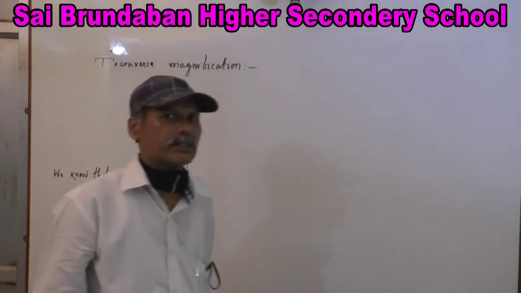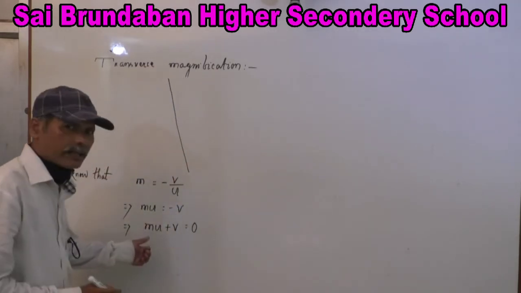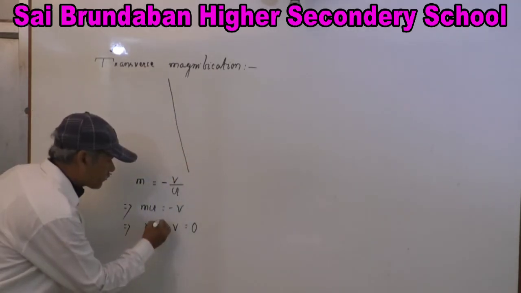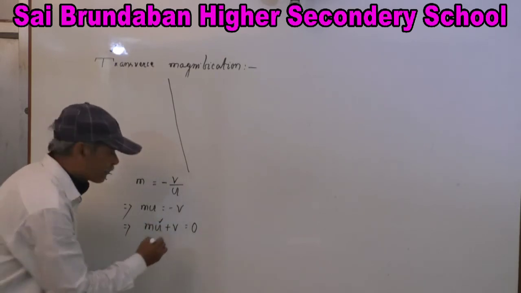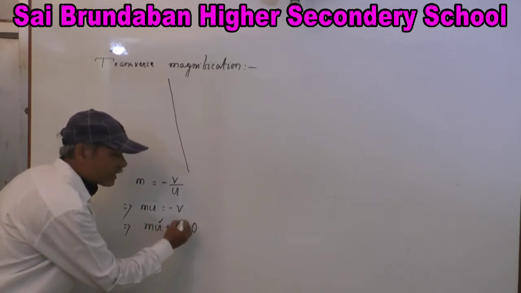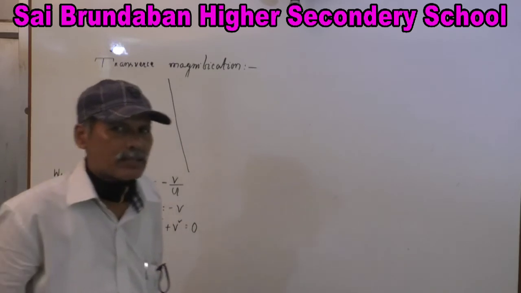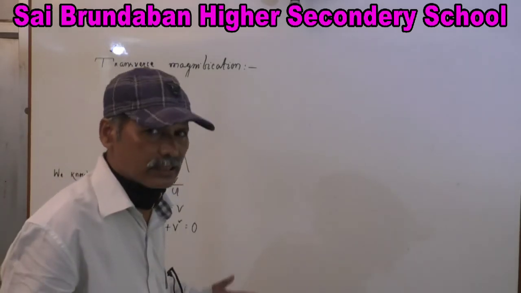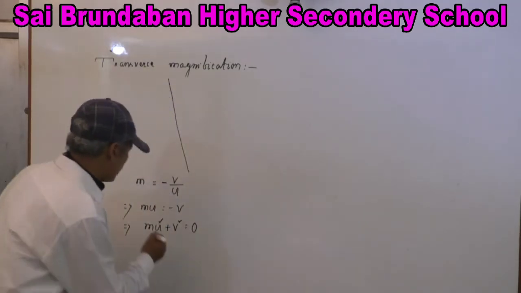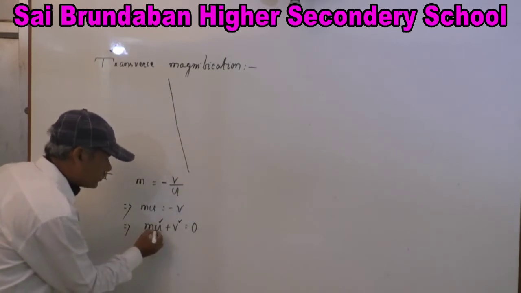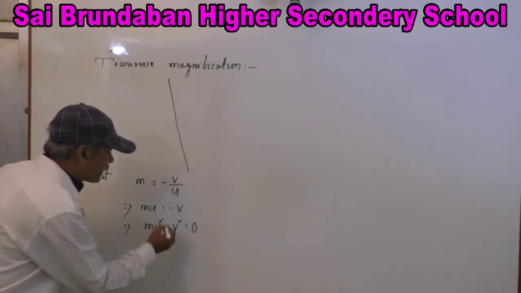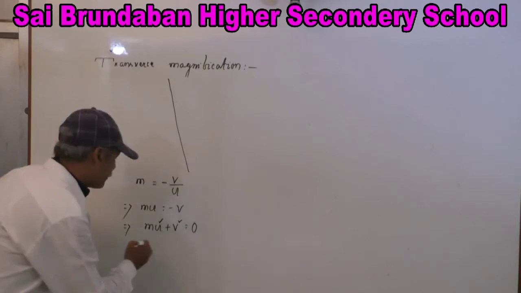Earlier I stated, here u is a variable, v is a variable. Variable means which changes its value. u is a variable, v is another variable.